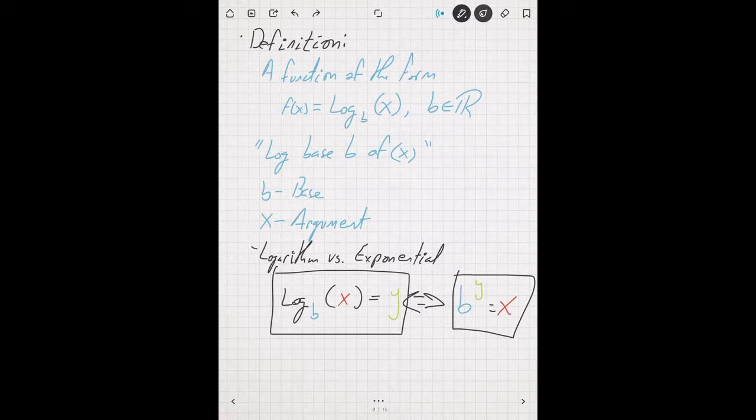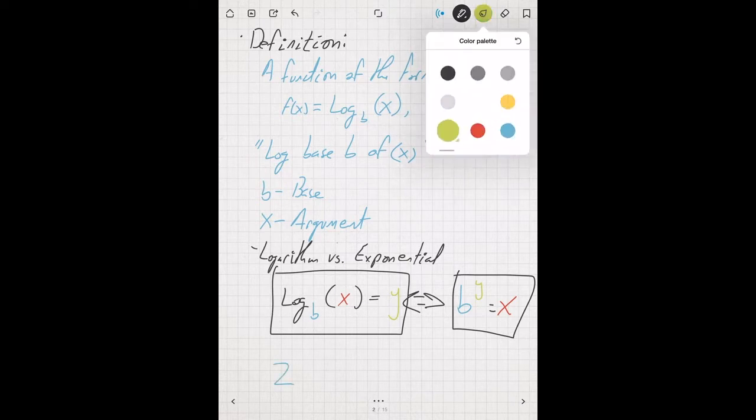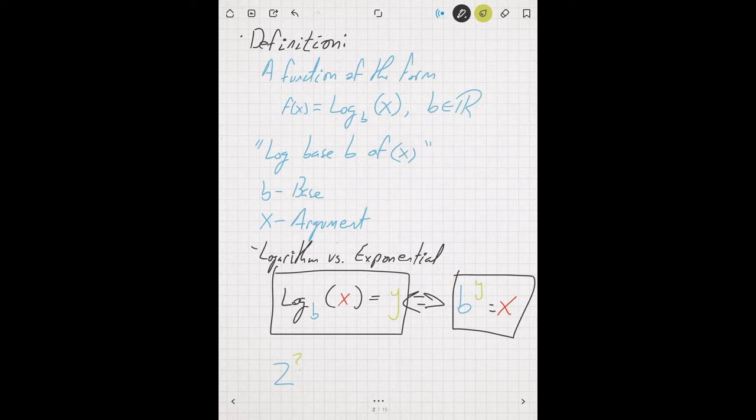Maybe it would be helpful if we plugged some numbers in here. I would have known very easily that 2 to some power would have given me a number like, oh gosh, let me think. Let's say 32.